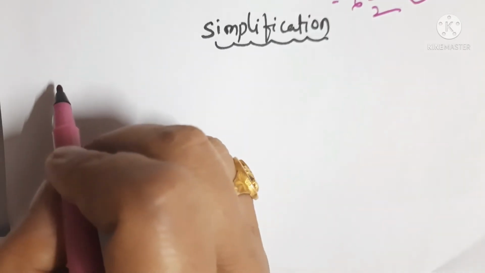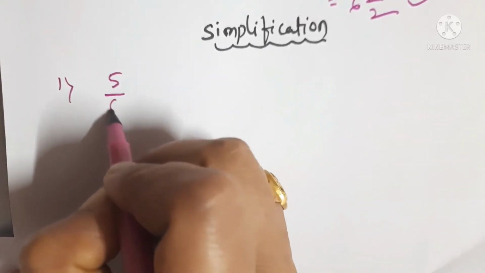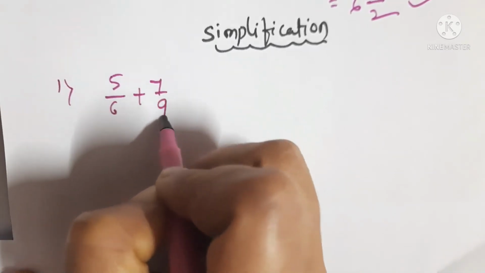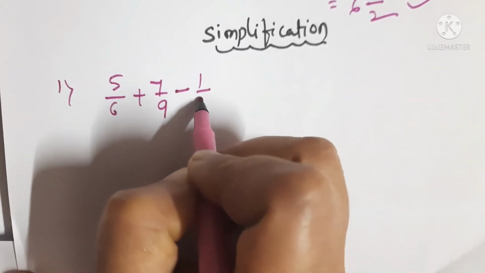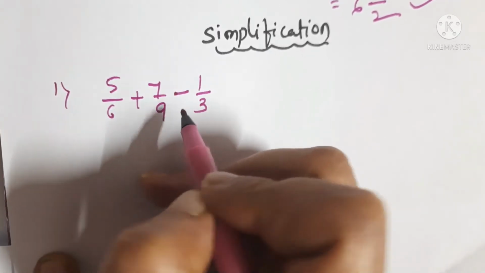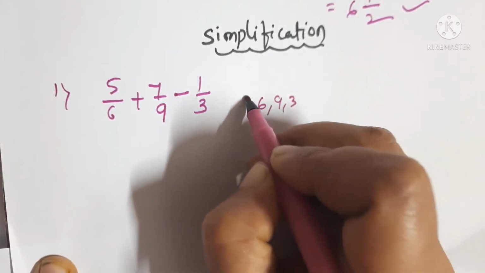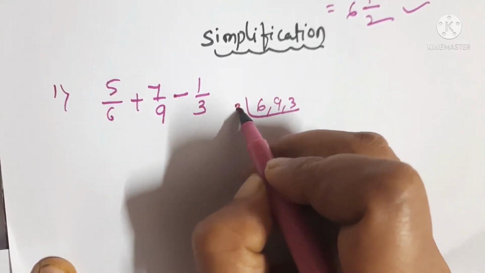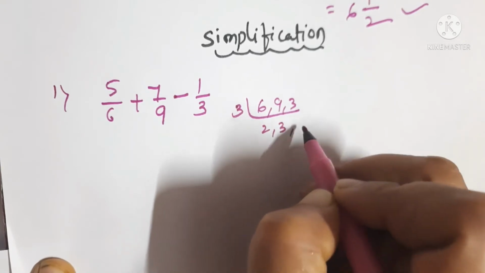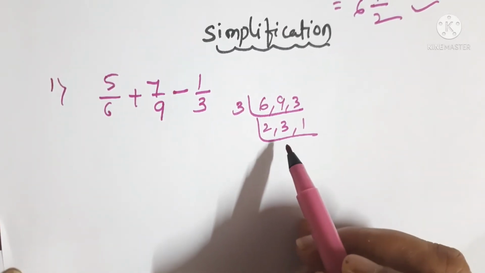Now we'll move to the next session, simplification of fractions, three or more fractions at a time. Let us see an example: 5 by 6 plus 7 by 9 minus 1 by 3. Here we have different denominators, so we need to take the LCM. 6, 9, 3. 3 2s are 6, 3 3s are 9, 3 1s are 3.